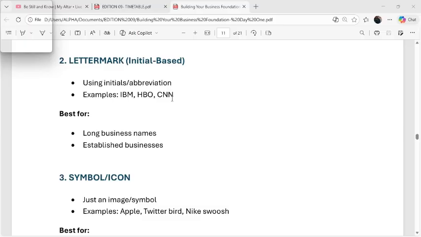So it is best for long business names and for established businesses. Very important for this part, established businesses, because if you are a startup and you decide to do CNN, we literally have no idea what your CNN is all about.